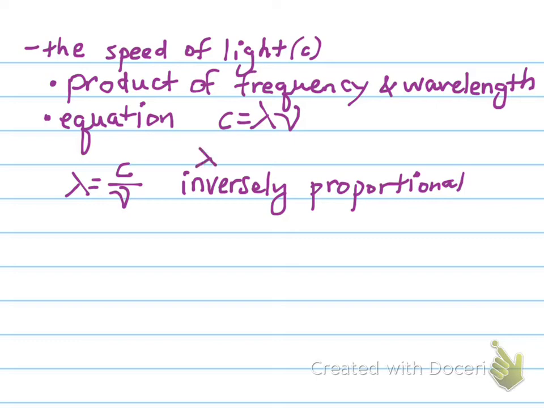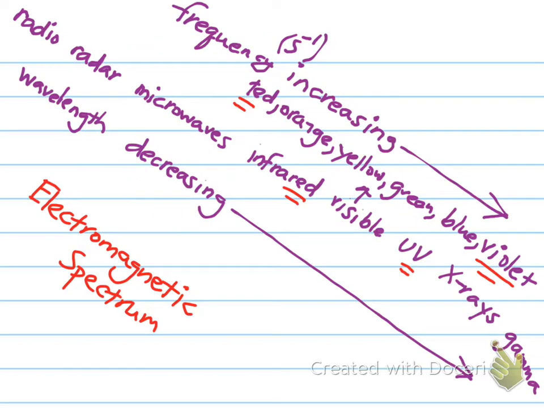So wavelength and frequency are inversely proportional to each other, which means as one goes up, the other goes down, which is why we have frequency increasing here and wavelength decreasing, because they are inversely proportional.